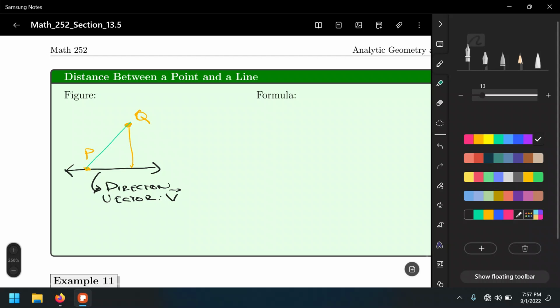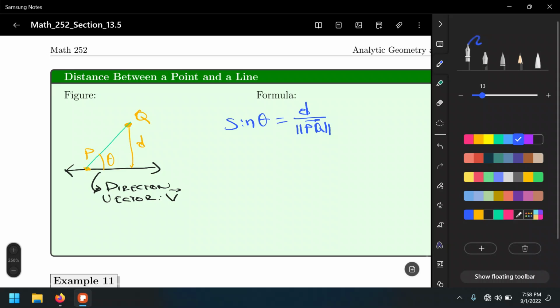All right, so we want to find this distance d. Using trigonometry, this distance d and the vector PQ are related by the sine function, because d is the opposite over the hypotenuse, and the hypotenuse is the magnitude of that vector that we define between P and Q. So that's d over the magnitude of PQ.